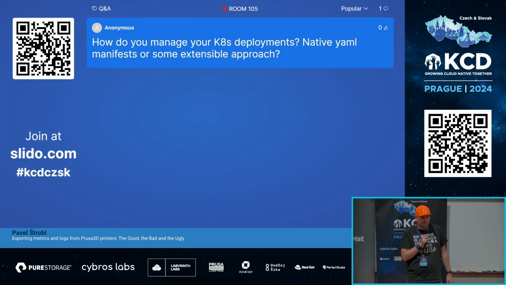How do you manage your Kubernetes deployments? Native YAML manifests or some extensible approach? We use Argo for deploying our applications, and we use Terraform for deploying the internal tooling, and we use Helm charts.